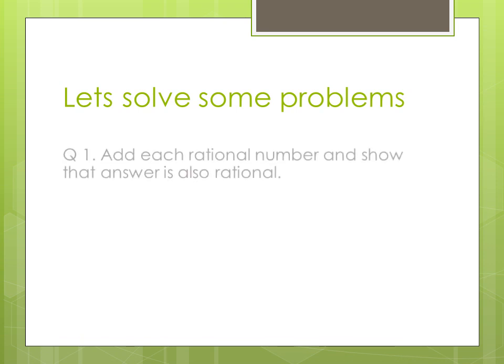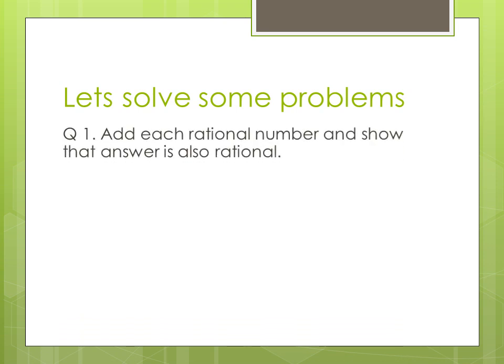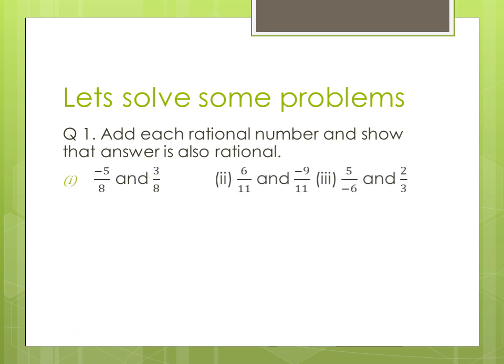Now let us solve some problems. Add each rational number and show that the answer is also rational. The first numbers are minus 5 by 8 and 3 by 8. This is quite easy, because for addition we have to look at the denominator and take the LCM. Here both the quantities have the same denominator, which is 8.